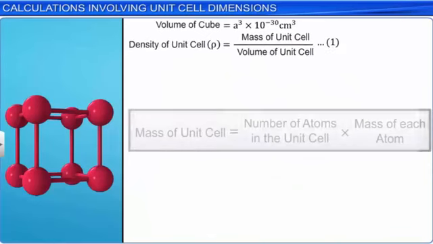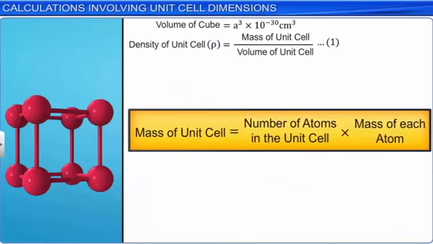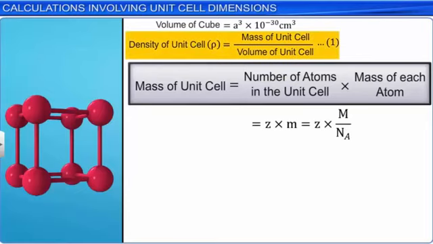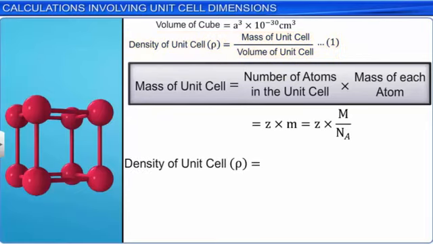Mass of a unit cell is equal to number of atoms in the unit cell into mass of each atom. That is, Z into M, where M is equal to atomic mass by Avogadro's number. Substituting the values in equation 1, we get ρ is equal to Z into M divided by a cube into 10 to the power minus 30 into Avogadro's number grams per centimeter cube.